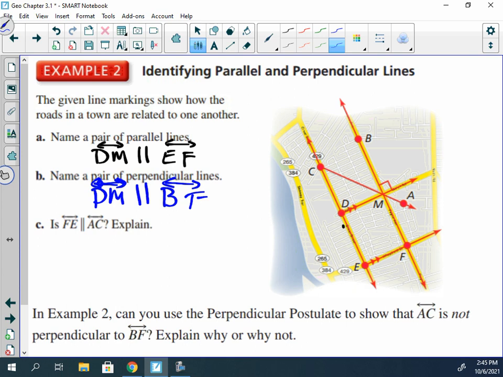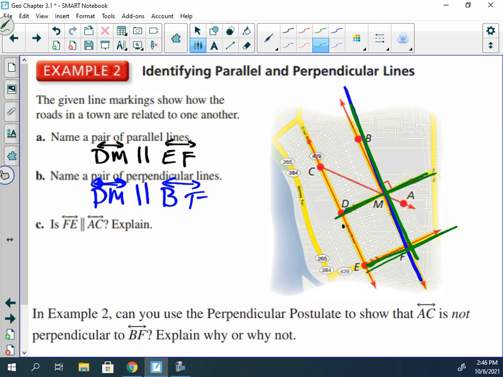So these two are perpendicular. Now, these two here are parallel to each other, DM and EF.